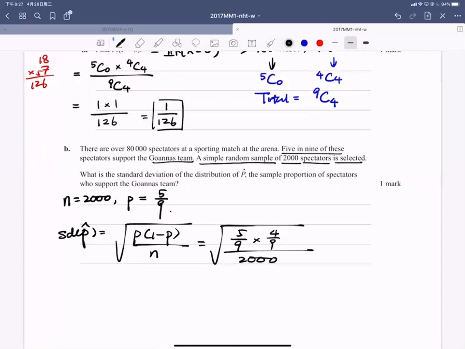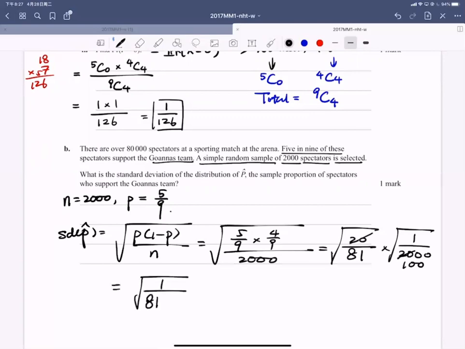Okay, what's next? This will be 20 divided by 81 times square root of 1 on 2,000. Cancel them down, you have 100 here. So you end up with 1 on 81 times 100, which is 1 on 81 times 1 on 100.